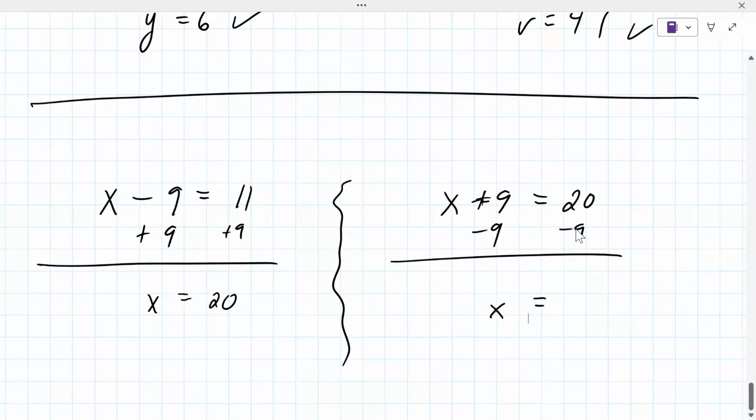They are opposite in sign, so you still subtract them. 20 subtract 9 equals 11.